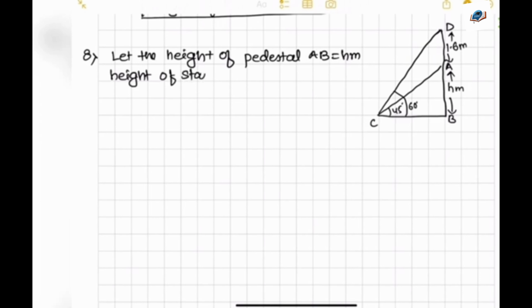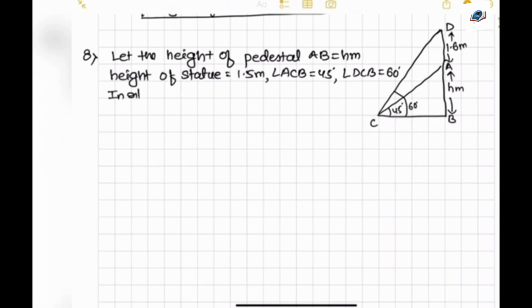So height of statue is given 1.6 meter. Angle ACB equal to 45 degree. Angle DCB equal to 60 degree. So this all are given.